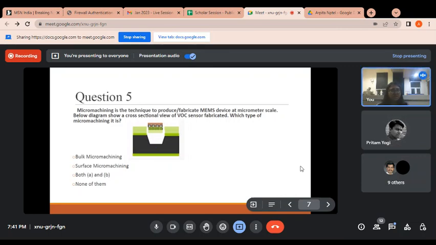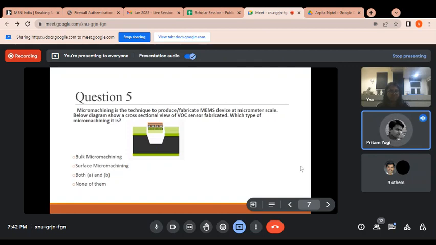Bulk means inside the device we have to go, no? If we want to etch some device, like a silicon structure, and we want to make a diaphragm, then what is happening here? Suppose our wafer is 300 micrometers thick.